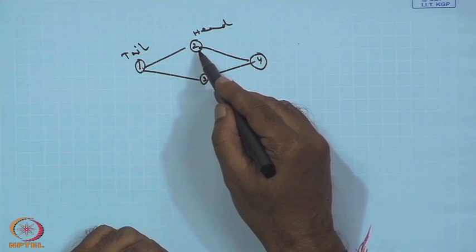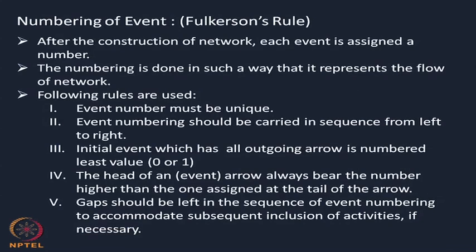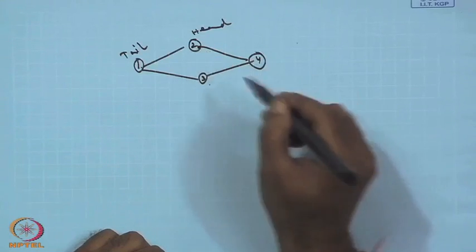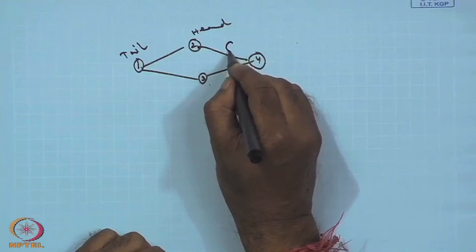And the last point is, gaps should be left in the sequence of event numbering to accommodate subsequent inclusion of activities if necessary. That means some numbers may be left in between, so that if some activity appears afterwards, we can readjust. Here you have made a numbering 2, 3 and 4. Suppose an activity comes over here.